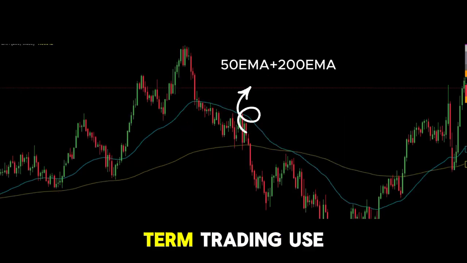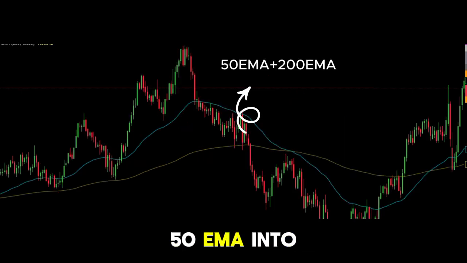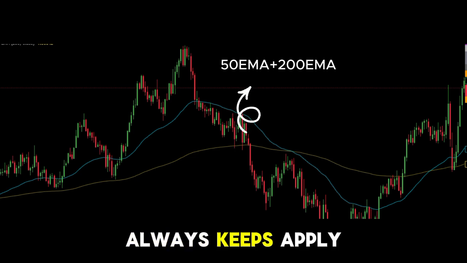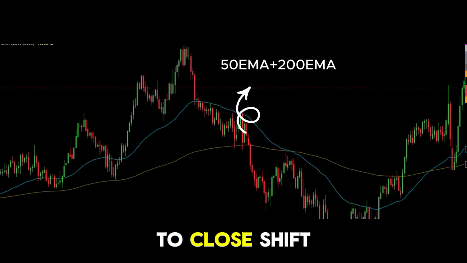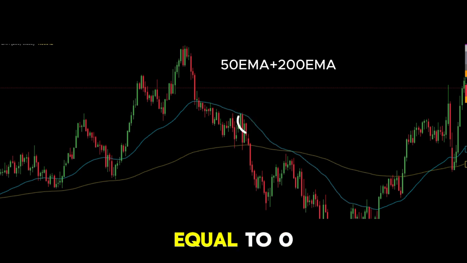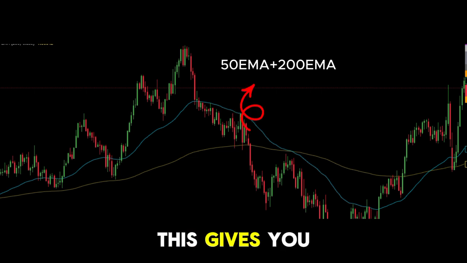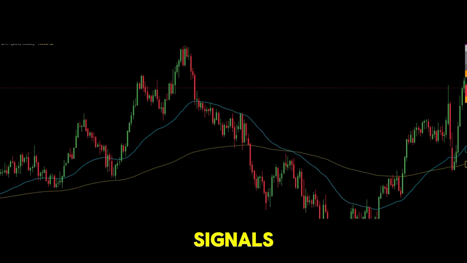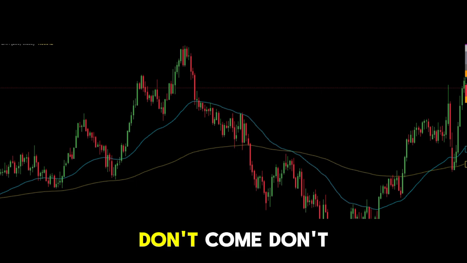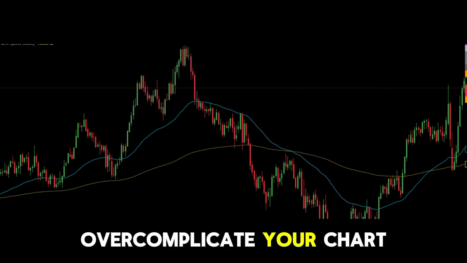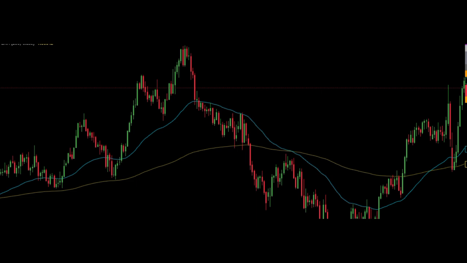And for long-term trading, use 50 EMA and 200 EMA. Always keep apply to close, shift equal to 0. This gives you the most accurate signals. Don't overcomplicate your chart. Simple wins.